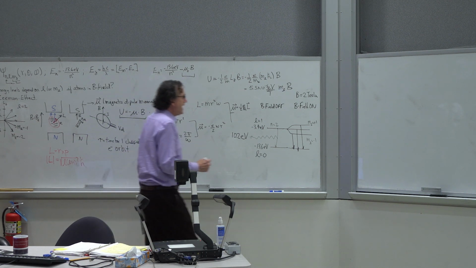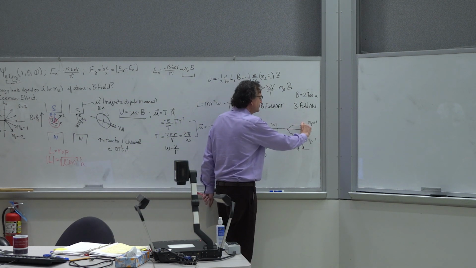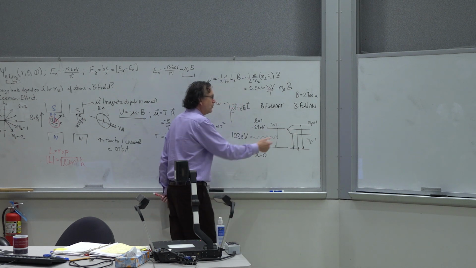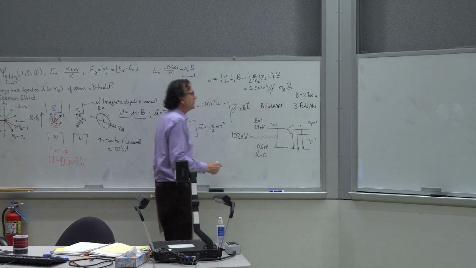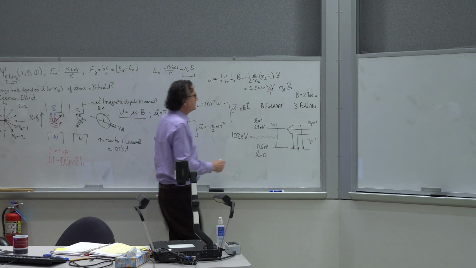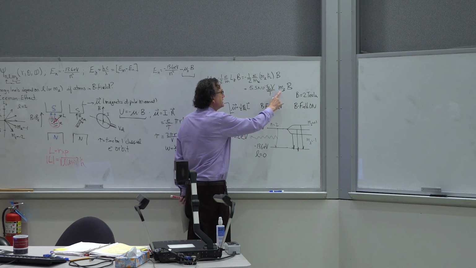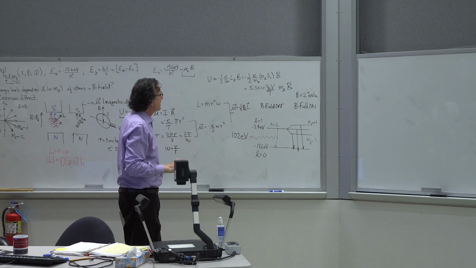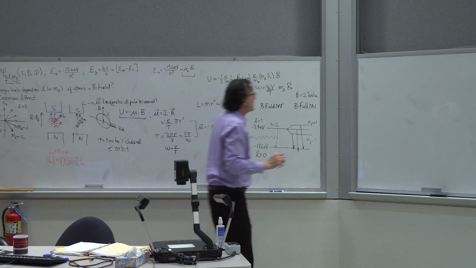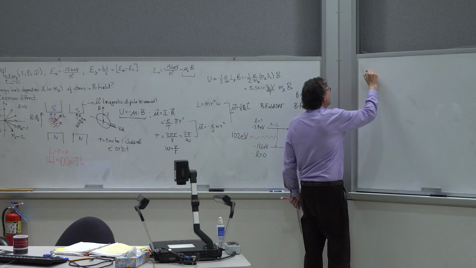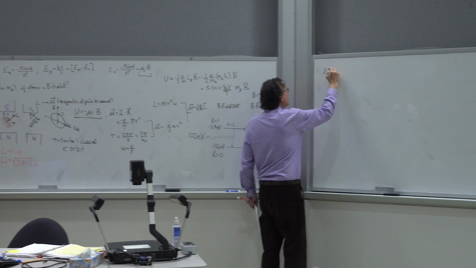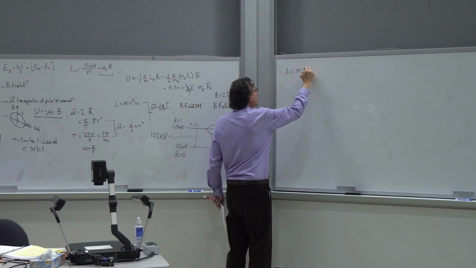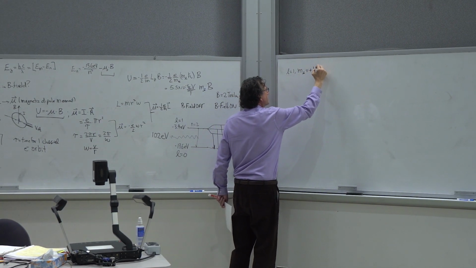Well, I'm either going to add a certain amount of energy onto my unperturbed level, or I'm going to subtract the same amount, because m sub L equals 1 and m sub L equals minus 1 only change the sign of the interaction and nothing else. So let's calculate this. Now I want to look at the energy levels for L equals 1, m sub L equal to +1, and m sub L equal to -1.